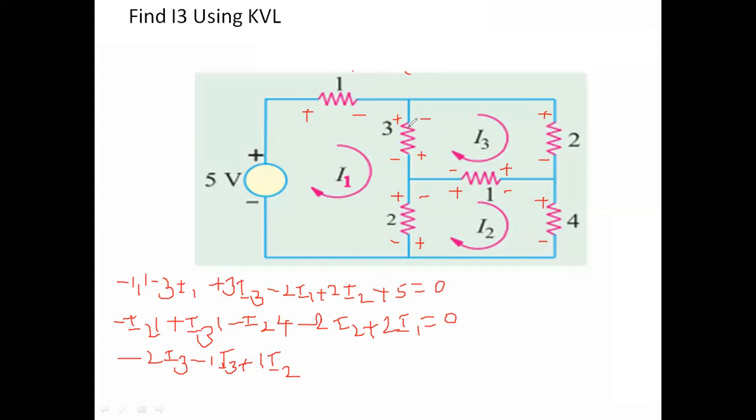Coming to this, it is 3, so minus 3 into I3 plus 3 into I1. Are you getting my point? So that equals 0. With this we can solve the three equations, and from that we can easily obtain I3.